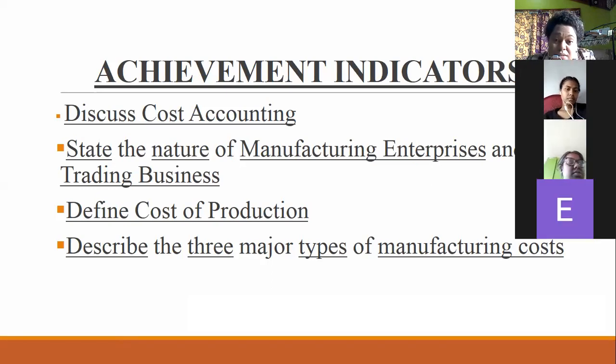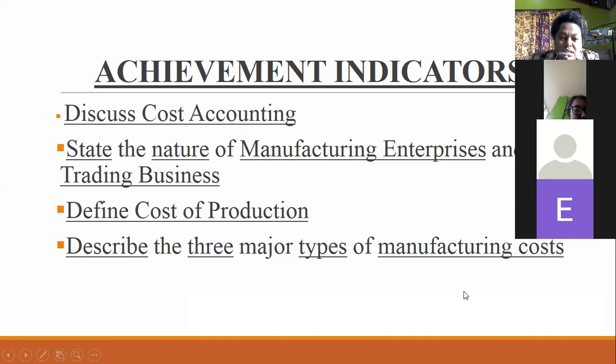raw materials. What these firms normally do is process those raw materials. Those raw materials will be turned into semi-finished goods. At that point, some trade the semi-finished goods, while some continue to process them.